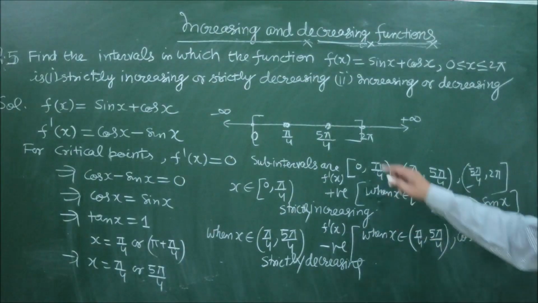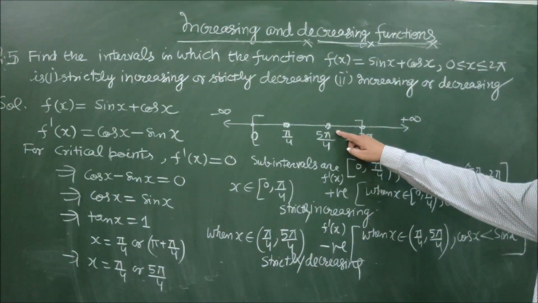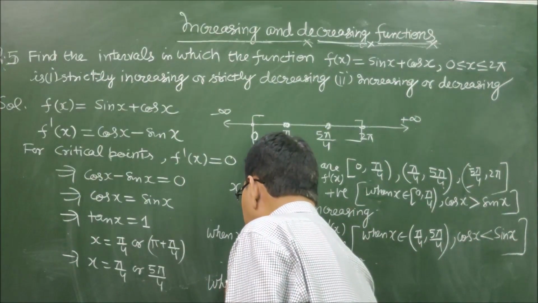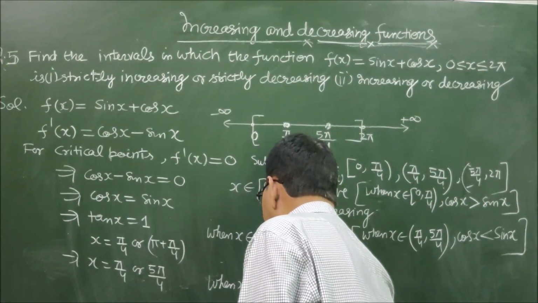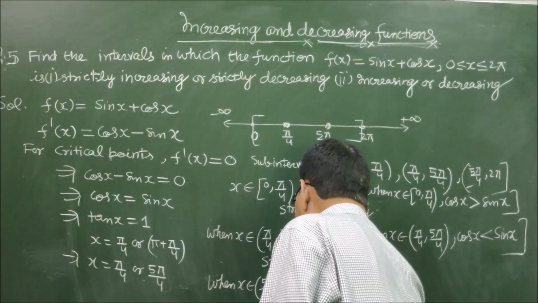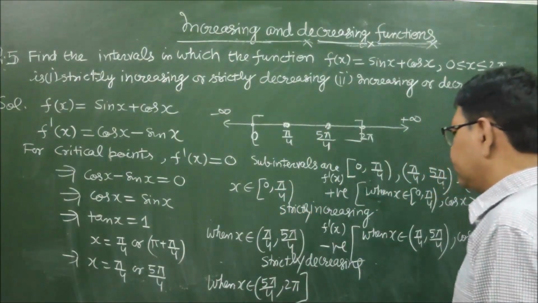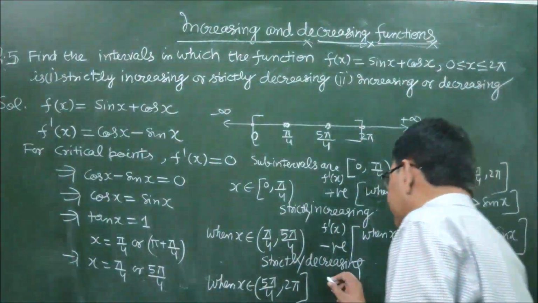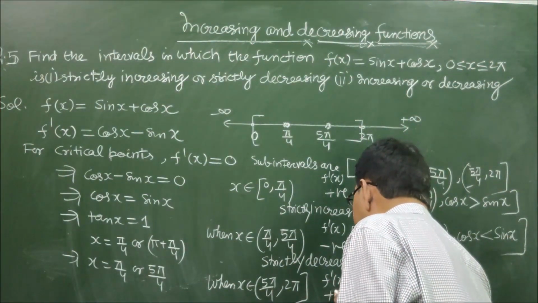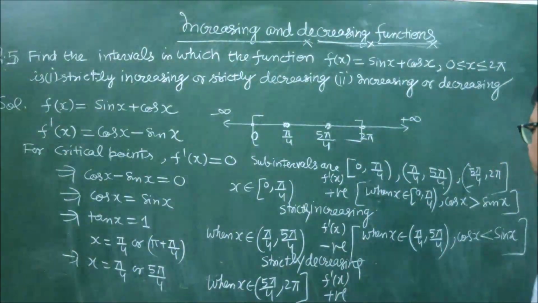Now the last subinterval is from 5π/4 to 2π. When x belongs to 5π/4 to 2π, in this case f'(x) is again positive. Why?